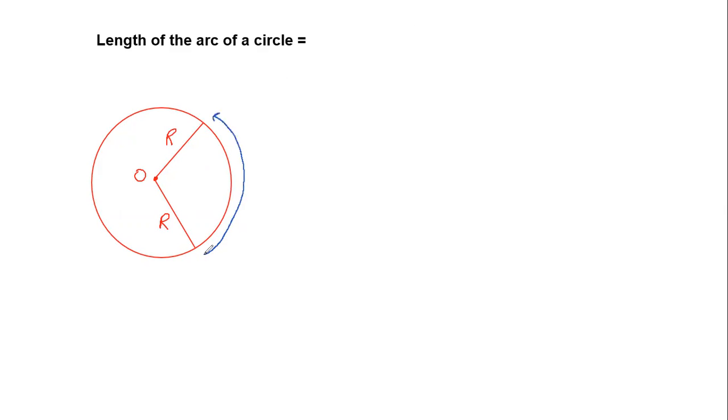The length of the arc is given by the formula 2 pi r theta over 360, where r represents the radius and theta is the central angle. So this is the formula of the length of the arc.